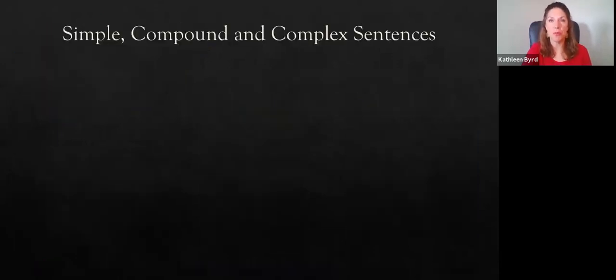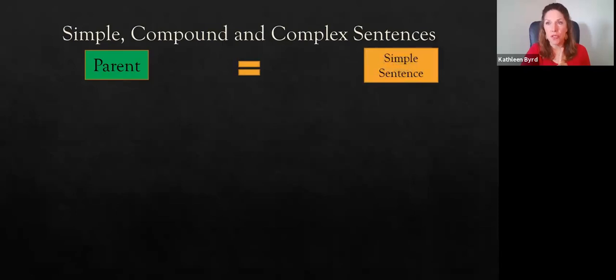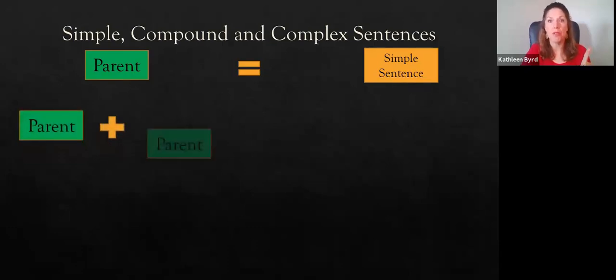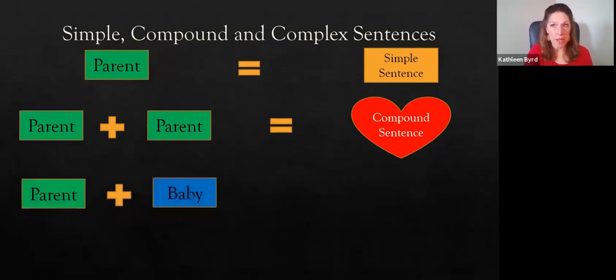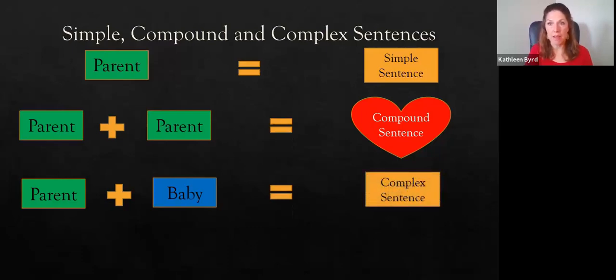So let's review. If you just have one parent, that gives us a simple sentence. If we have one parent plus another parent, join them, we have a compound sentence. If we have a parent plus a baby, that's a complex sentence.